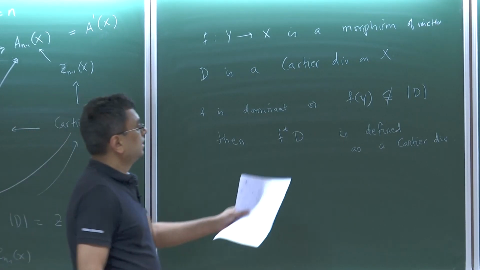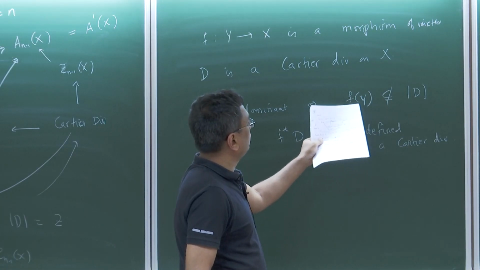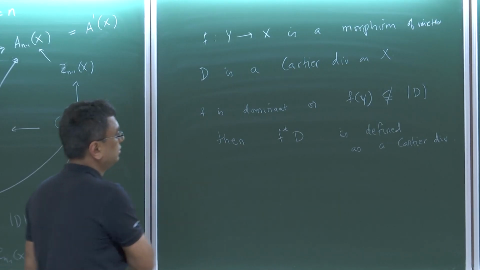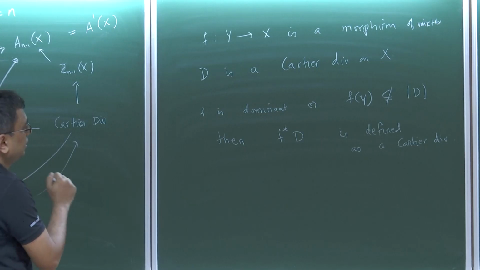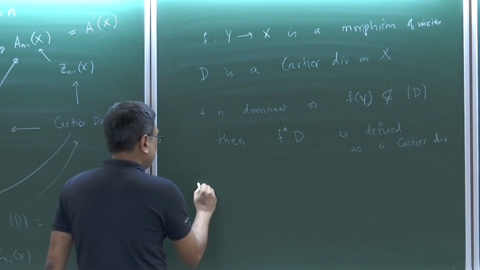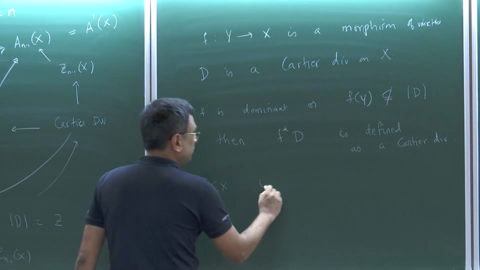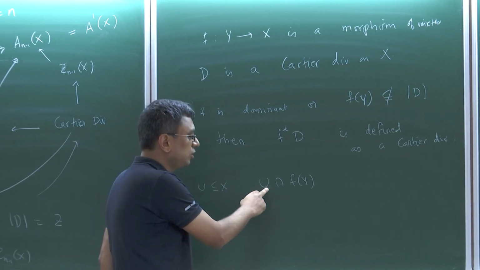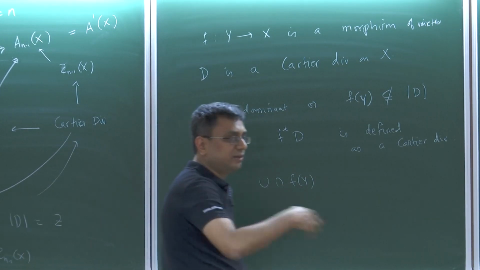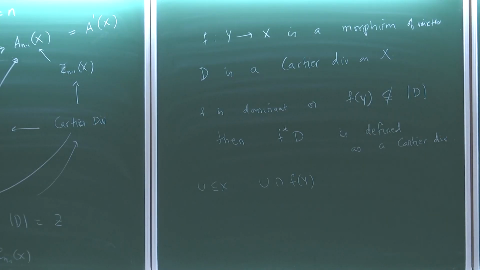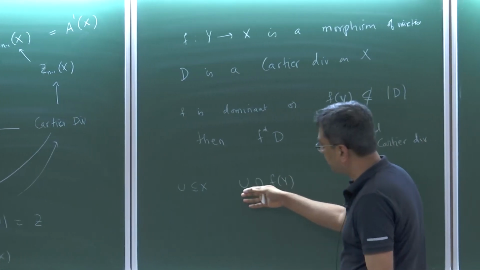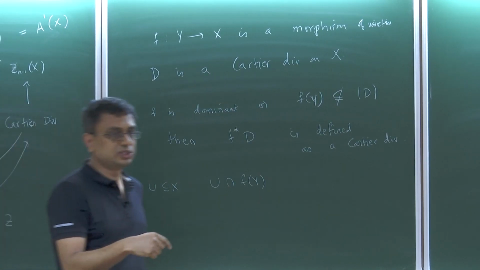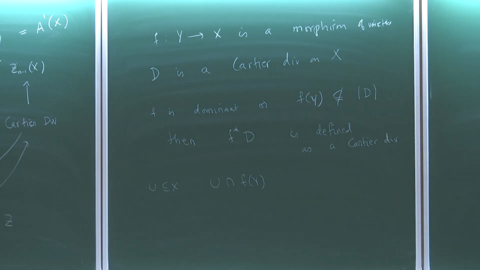So what I want to say is, if U is an open subset in X such that U intersects f(Y), then any regular function on U which does not vanish on f(Y) can be pulled back to Y. I can restrict that regular function to Y and it will be non-zero if it does not vanish on f(Y).